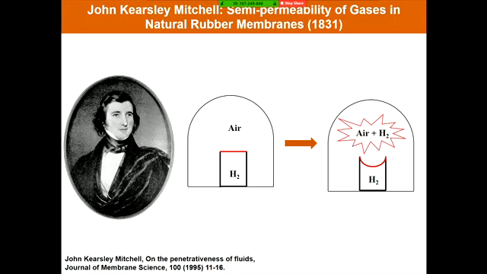The experiment that he describes in this paper would probably not pass our safety inspections today, but he had taken a canister of hydrogen with a natural rubber membrane on top of it and put it in an environment of air, and noticed that the membrane would distend inwards and due to the hydrogen transport out of this container that was faster than air coming into it.